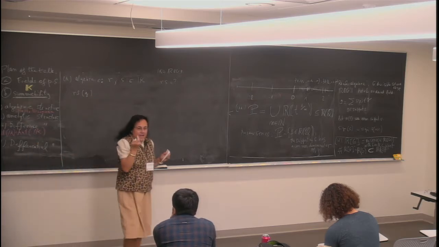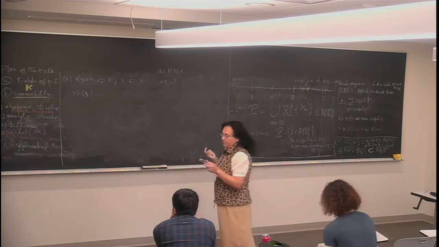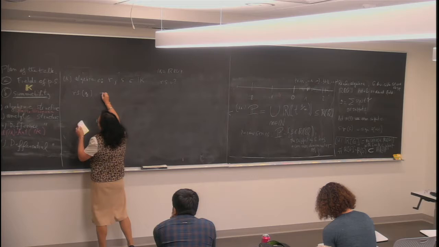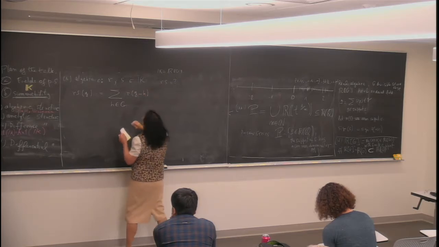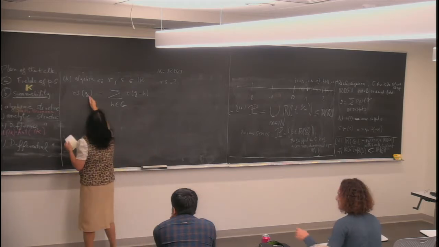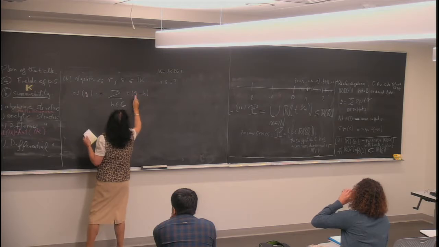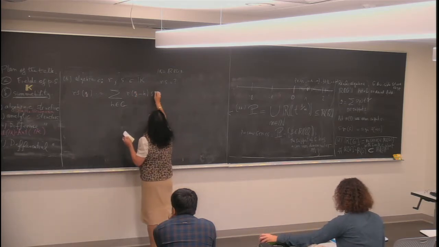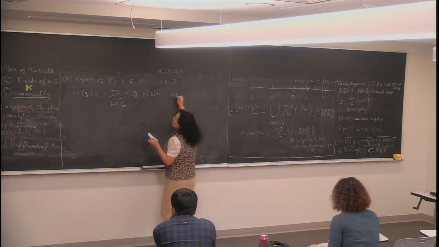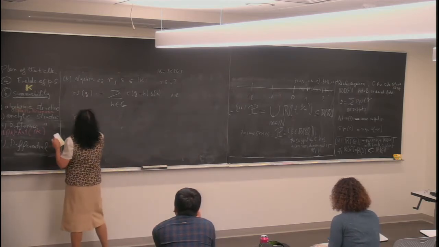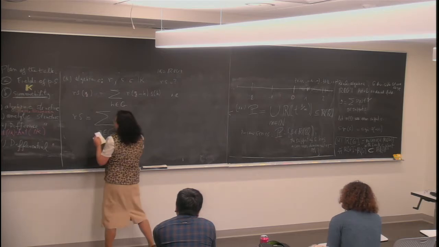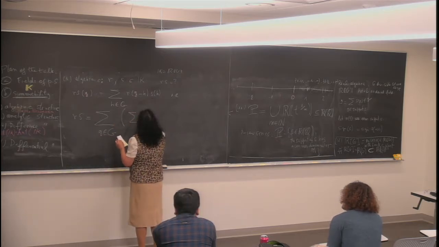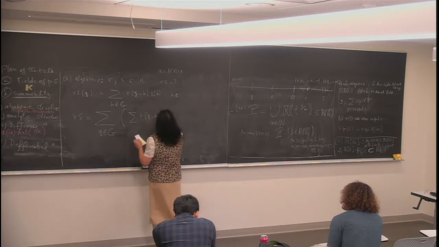For the purpose of this, G is fixed and H runs, times S of H. So, in other words, my proposal is that the series RS, if I want to expand it as a power series, I am writing it to be the summation over G of the sum of R(G minus H) S(H), times T to the G. This is my proposal for a product.